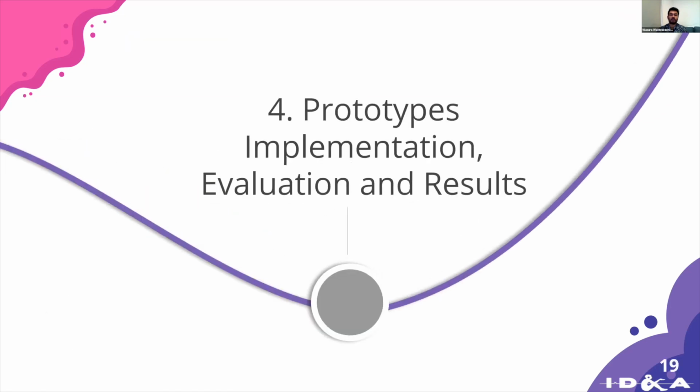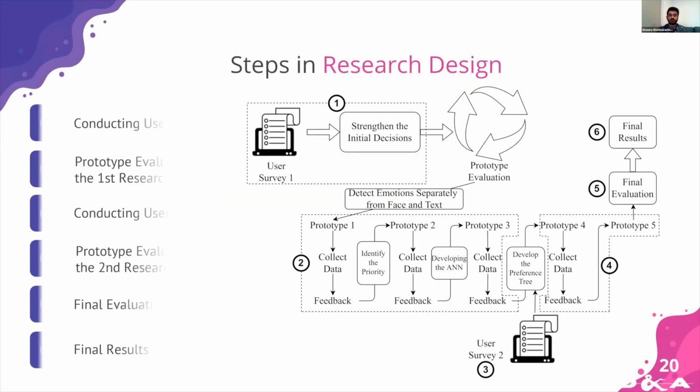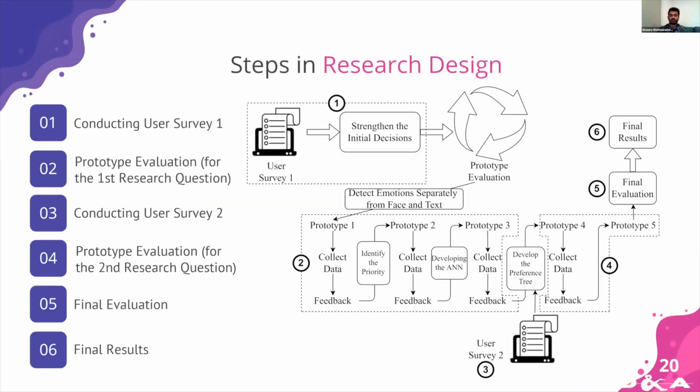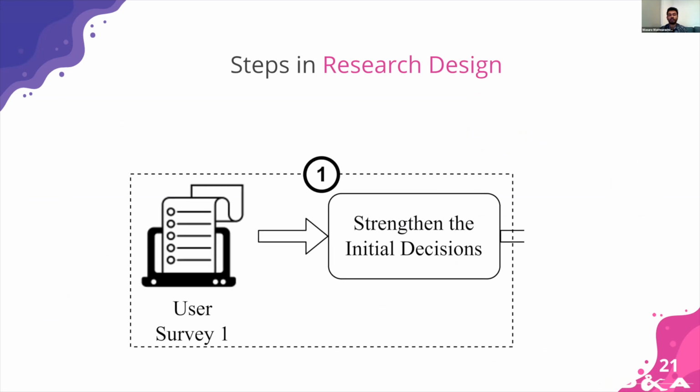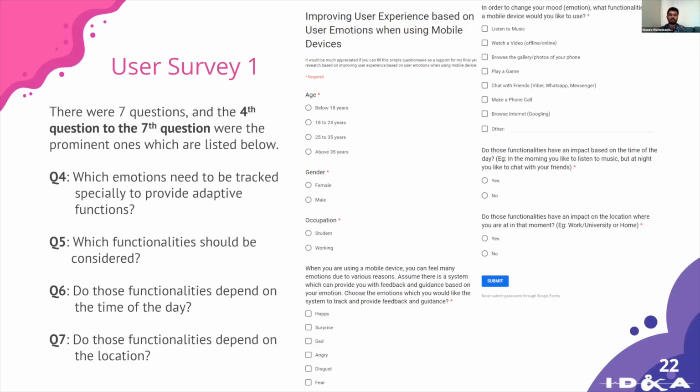And when talking about the prototypes and implementation, evaluation, and results together, we conducted our first user survey mainly to strengthen the initial decisions before starting implementation. There were 7 questions, and out of them 4 were prominent.